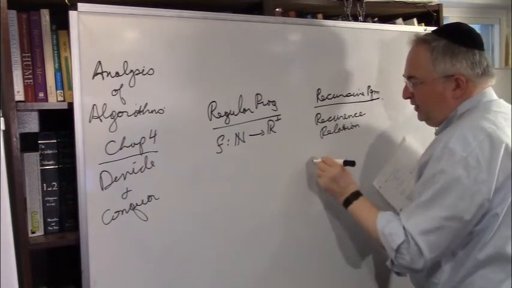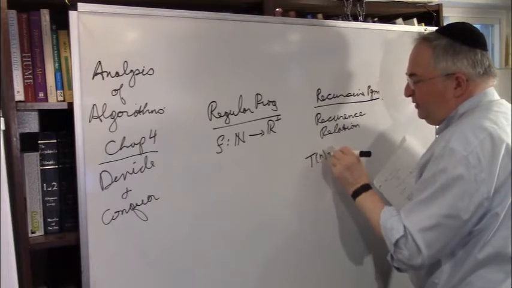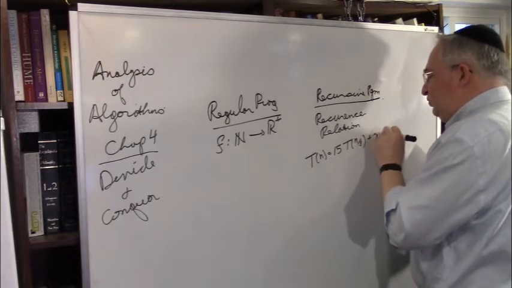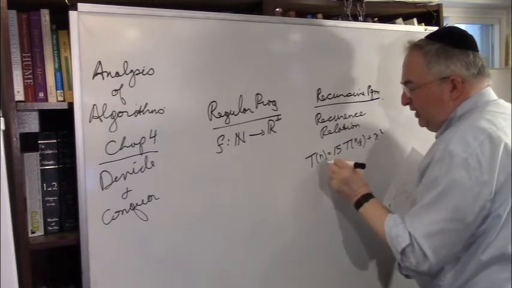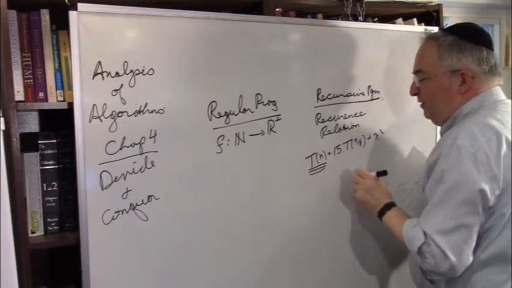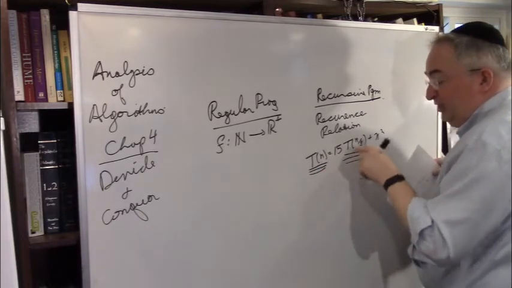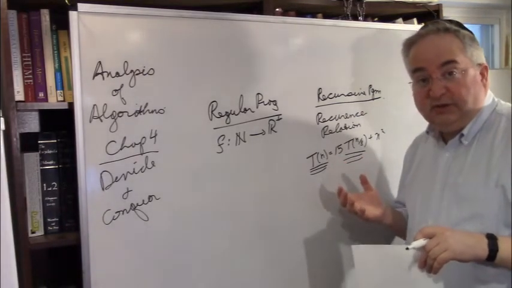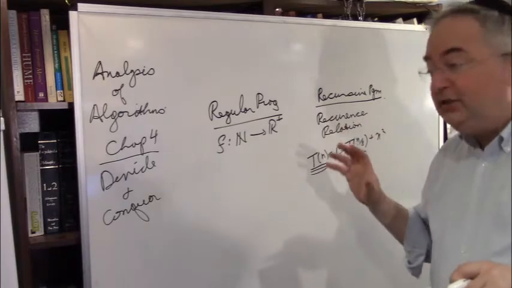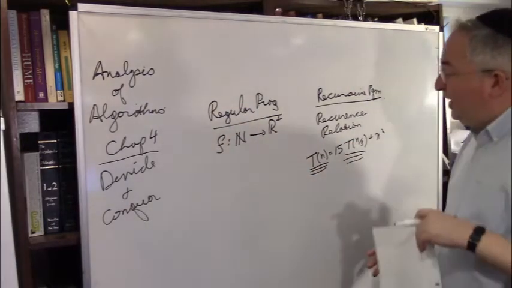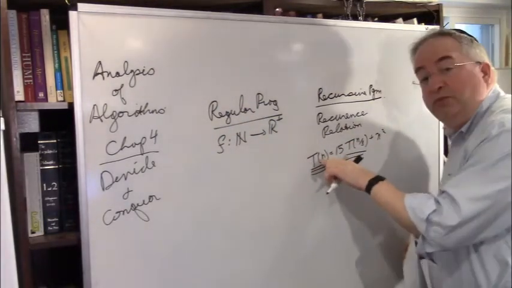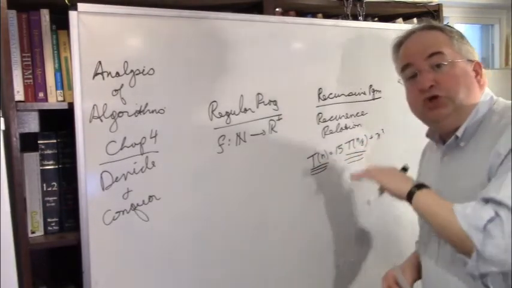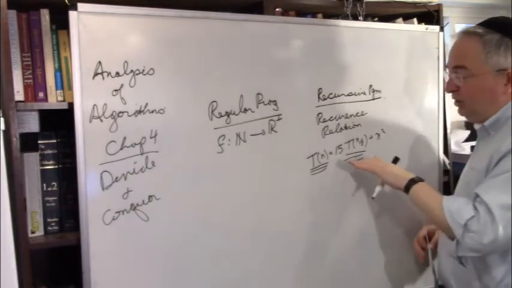Something like this: T(n) = 15 T(n/3) + n^2. Now that is not a function. You have an input of T(n), and you get back something with T(n/3). It's very hard to calculate these. But this is what recursion is all about. It says if you want to solve this big problem with n inputs, you solve it this way with n/3 inputs. You chop the problem into smaller pieces.